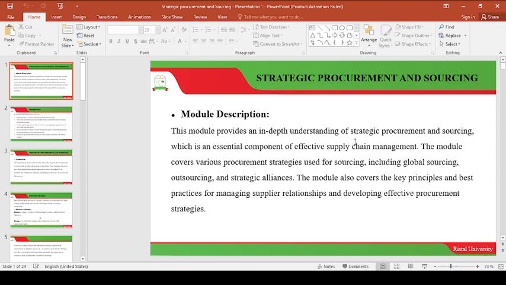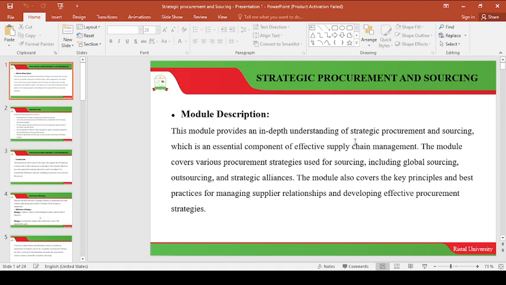And today we are going to look at the module strategic procurement and sourcing. So, this module provides an in depth understanding of strategic procurement and sourcing, which is an essential component of effective supply chain management.